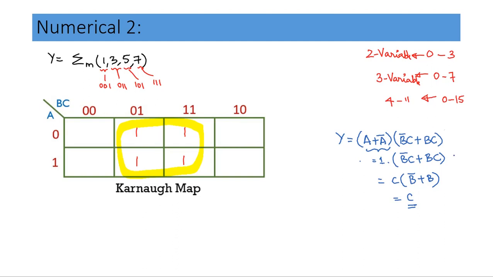Now this is the way that we do simplification when we don't use the Karnaugh map. But when you do the grouping directly, I know that each of these different blocks differ by one variable. So directly I know that the answer will yield me a value equal to the variable C. So let us solve further problems to understand better.